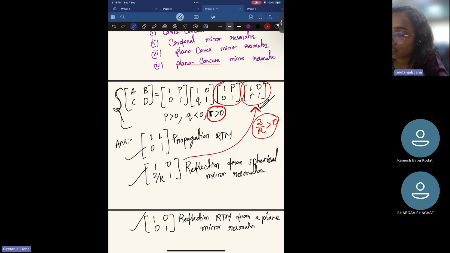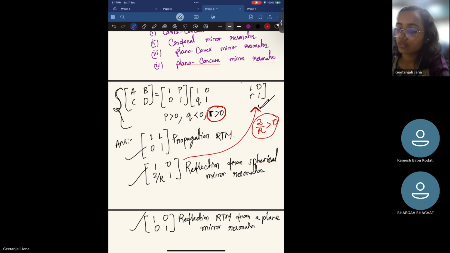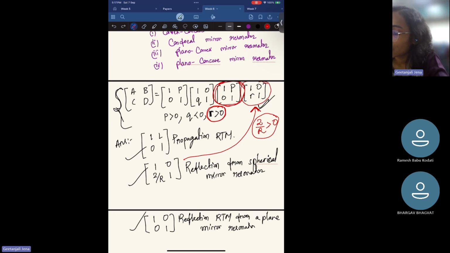Now the second matrix, which is 1, P, 0, 1. It clearly indicates it's a propagation RTM matrix. So the P value is nothing but the separation between the two mirrors of the resonator.